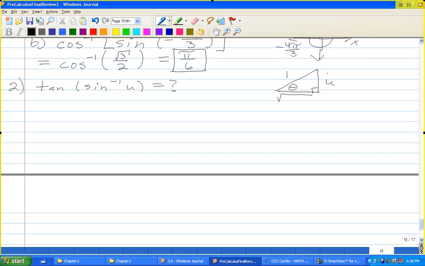I wonder if this is the same thing we did before. So 1 minus u squared. And so this is equal to tangent, which is opposite over adjacent. And so this is u rad 1 minus u squared over 1 minus u squared.